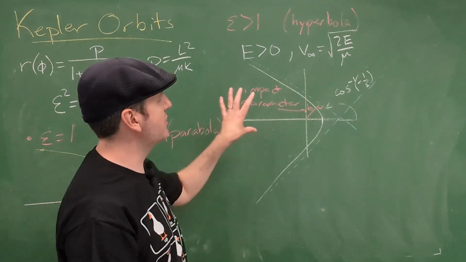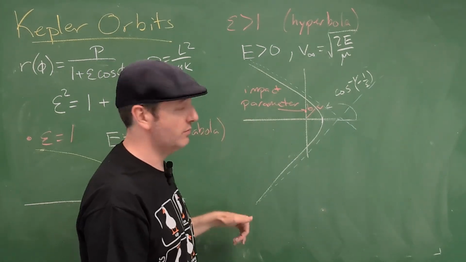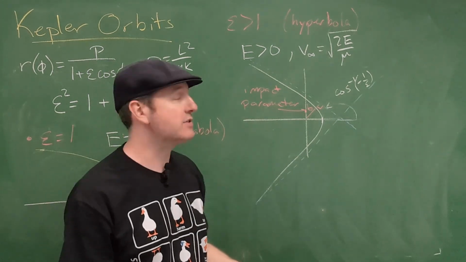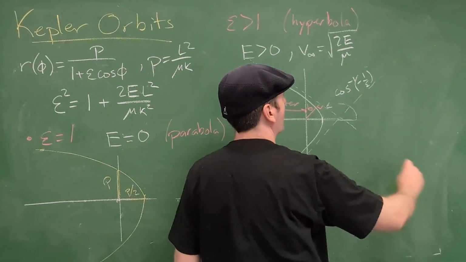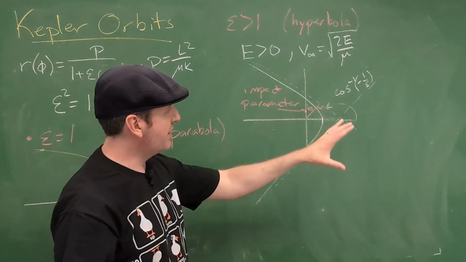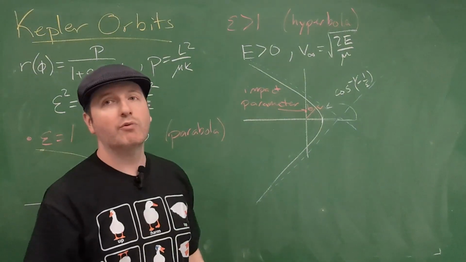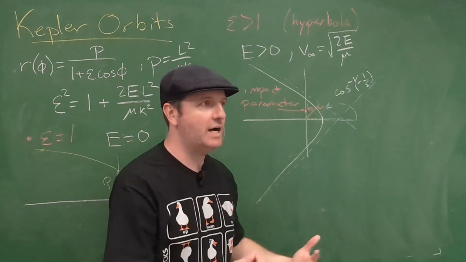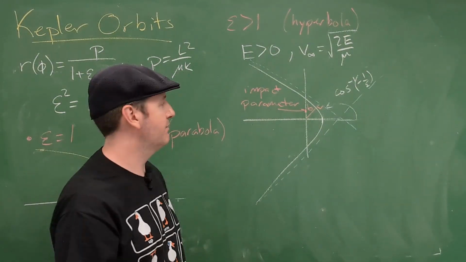You might also notice this is only one branch of a hyperbola. A true hyperbola should have 2 branches. So what happened to the other one that's over here? Turns out that that branch of the hyperbola is going to be useful when we're looking at scattering from a positive, repulsing potential energy.